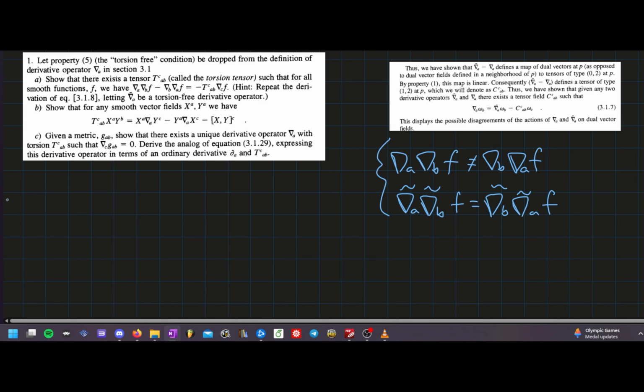And with that, we can get started by just copying down 3.1.7, which I've copy pasted up there.